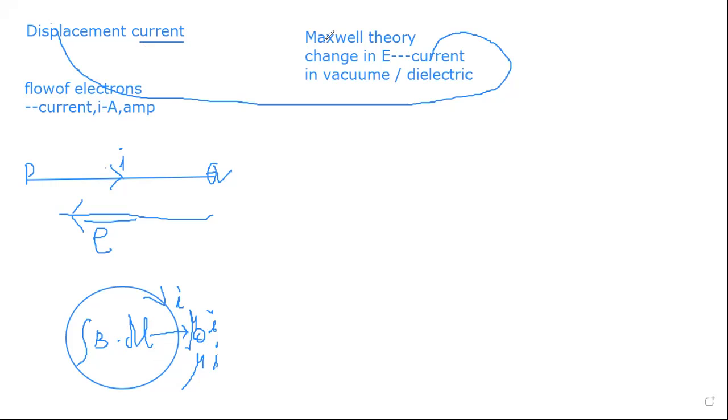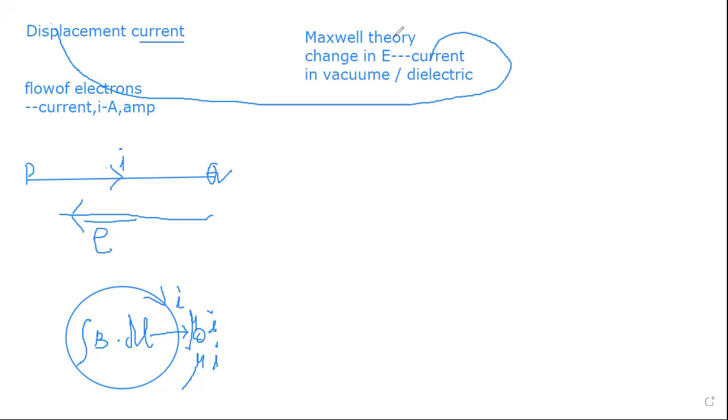And what about the displacement current? The displacement current does not require any conductor like a copper wire or iron wire. It can be produced in vacuum or in any dielectric medium. How? When there is a change in the electric field.